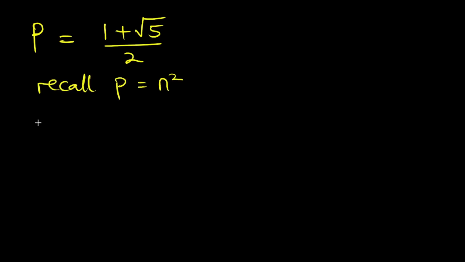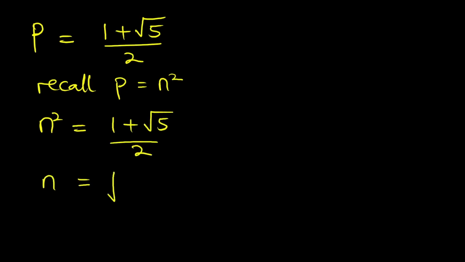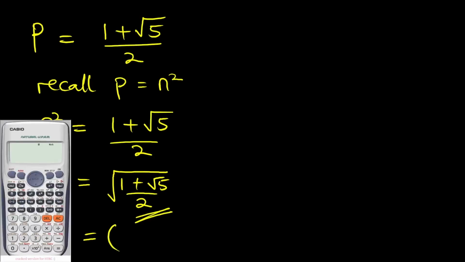All right, so I can say that n square is equal to 1 plus root 5 all over 2, where n is equals to, so we are just going to take the positive square root of this number, 1 plus root 5 over 2. Okay, you can use your calculator to simplify this. Most times the answer would likely be like this, but then if you were to keep it in the decimal format, the answer is going to be, so I have square root of 1 plus root 5 over 2.